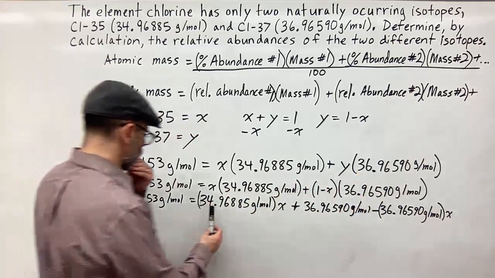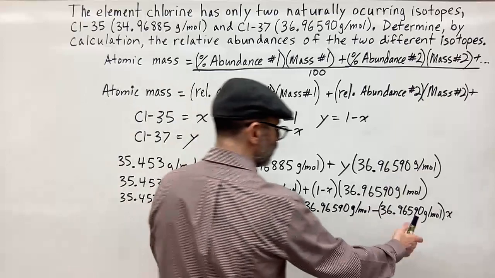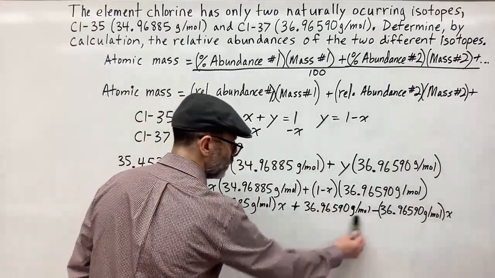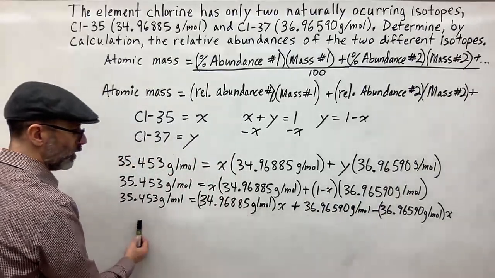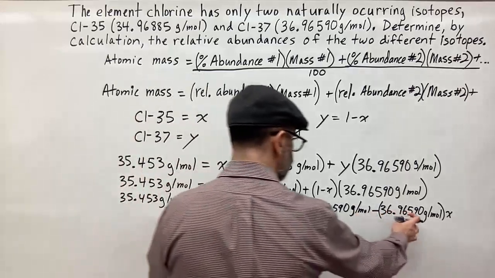So now what I need to do is get the X's together. So I'm going to add these two together. And this is without an X, this number here, I can bring over to this side. So we can add these two together.